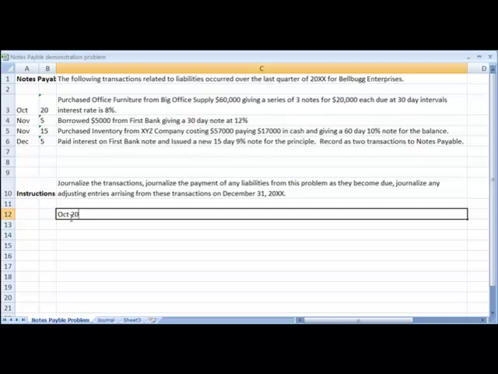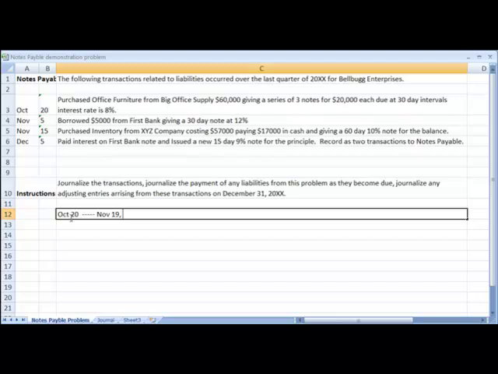On October 20th, we're going to generate a series of journal entries, and the first one is going to be due 30 days from now when this first of 3 notes becomes due. So 30 days from October 20th will be November 19th. We'll have a transaction that arises.